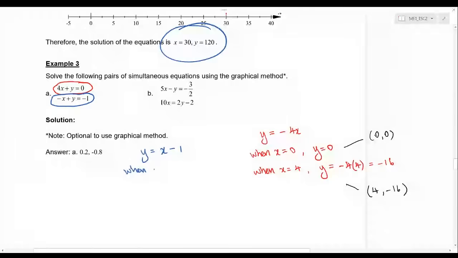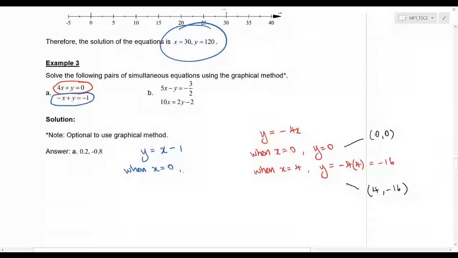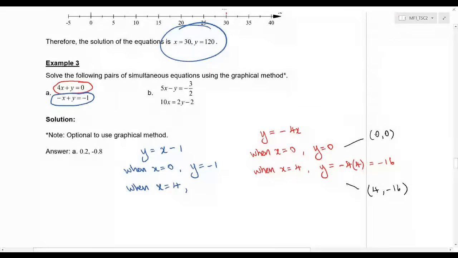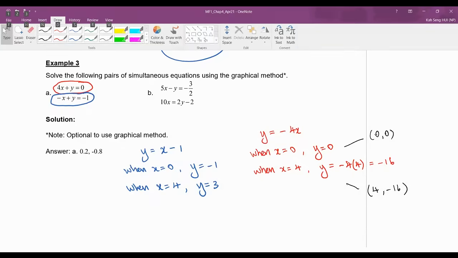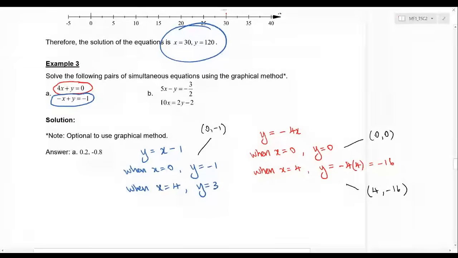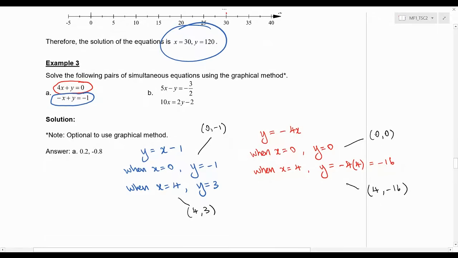Once again, just choose any two values. When x is 0, y would be negative 1. Then you choose a second value, similarly x equals 4, and y would be 3. So you have two coordinates to draw: (0, minus 1) and (4, 3). The two dots, you join them together.